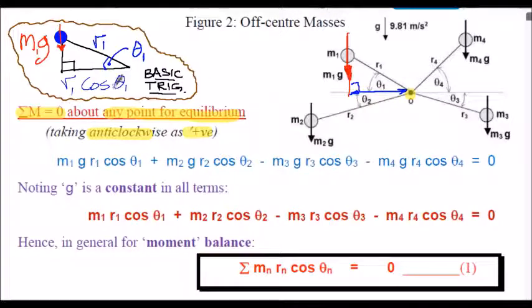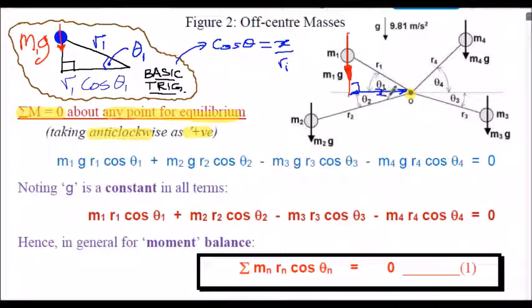I've just tried to show the geometry over here. It's just basic trig in a little sketch. R1 is the hypotenuse of the triangle. I've got the hypotenuse and the angle given, and I'm trying to find the adjacent side. That would be the cos function, really basic trig, and that would be the x term here.